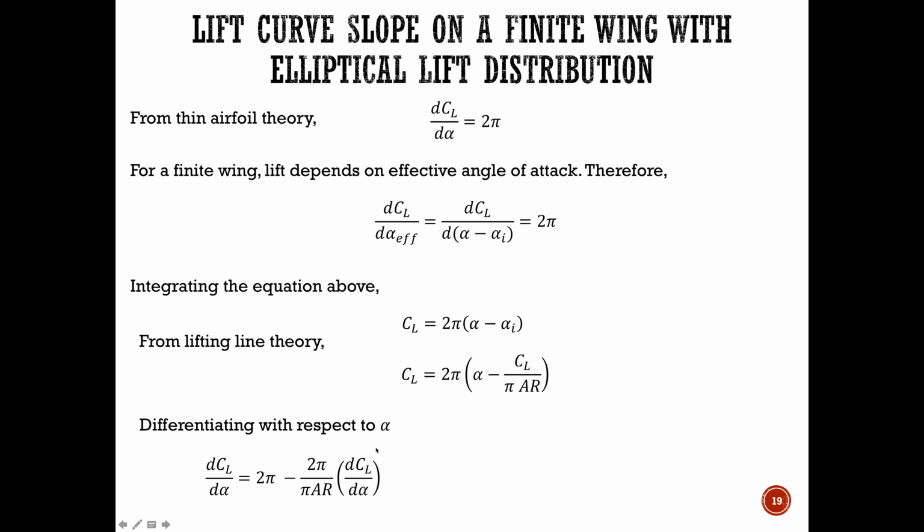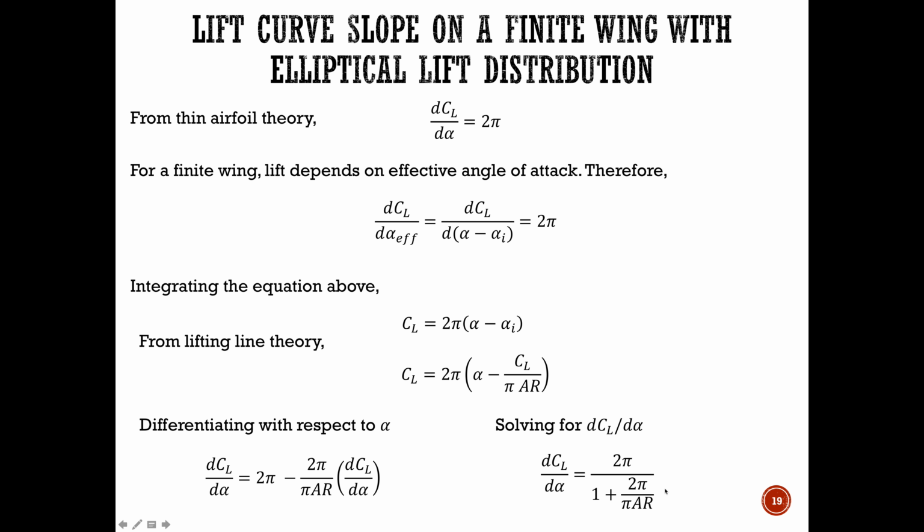Now when you solve for it, bring this term to the other side, take dCl by d alpha as common, and bring the multiplication term down below as the denominator, and when you solve for dCl by d alpha, you pretty much get this equation. So dCl by d alpha, the lift curve slope for a 3D wing, is equal to the lift curve slope of a 2D wing, which is 2 pi, divided by 1 plus 2 pi, which is again the lift curve slope of the airfoil, divided by pi AR. That's it. So that's the lift curve slope.